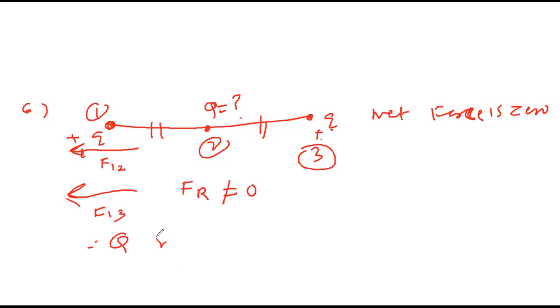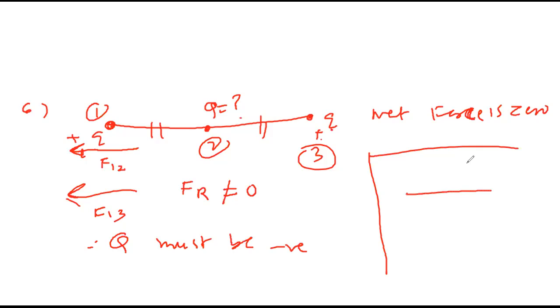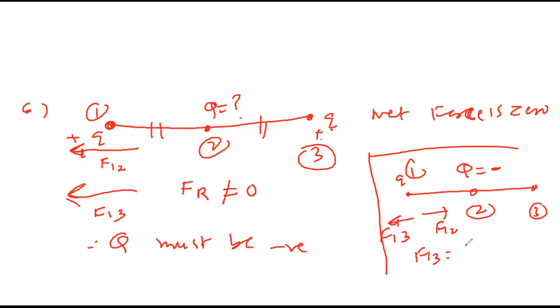Therefore capital Q must be negative, because if it is negative, then force acting on the first charge will be F12 attraction and F13 repulsion. Now if F13 and F12 become the same, net force will become 0, and the system will be in equilibrium. Concept till this clear?